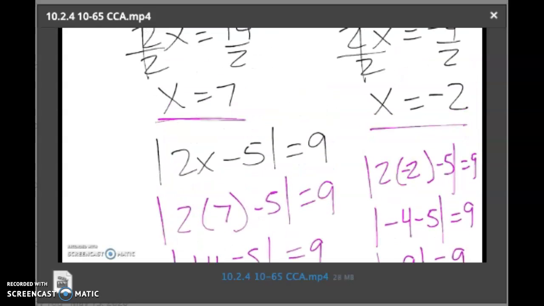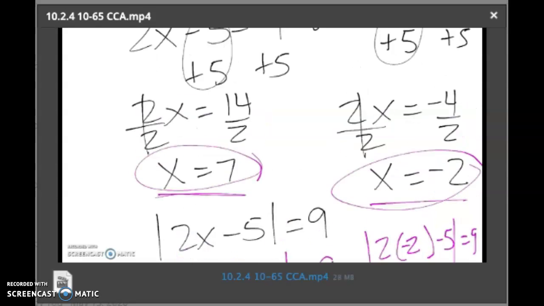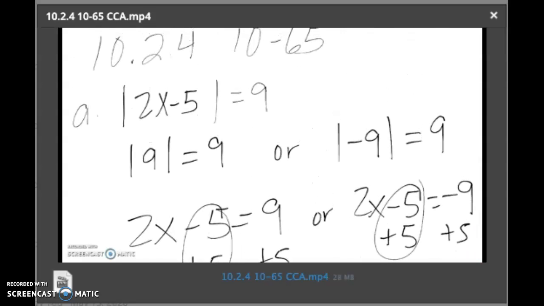So in this equation, our solutions were x equals 7 and x equals negative 2. So if you notice, this equation had 2 solutions. And what I noticed about this equation is the absolute value of all that stuff was equal to a positive number here.